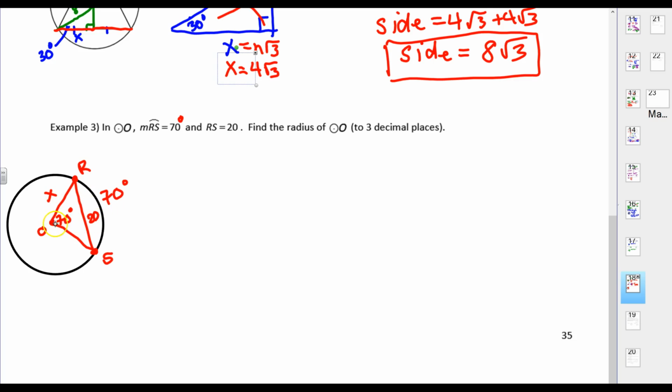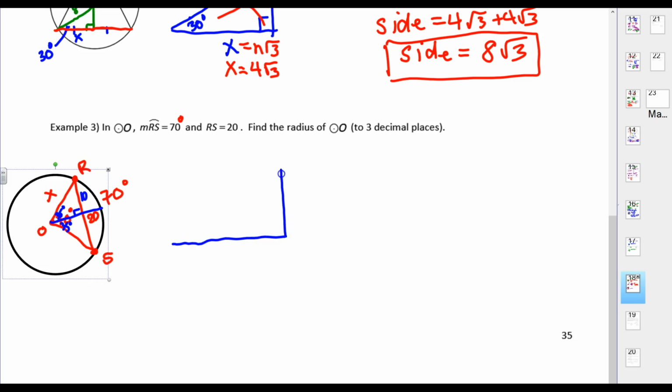I'm going to draw in one of these perpendicular radii that we've been talking about, like this, where this is going to hit this at a right angle, and I've drawn it in to split this angle in half to make this now 35 and 35 degrees, okay? And if this whole thing was 20 and I just split it in half, this is now 10.